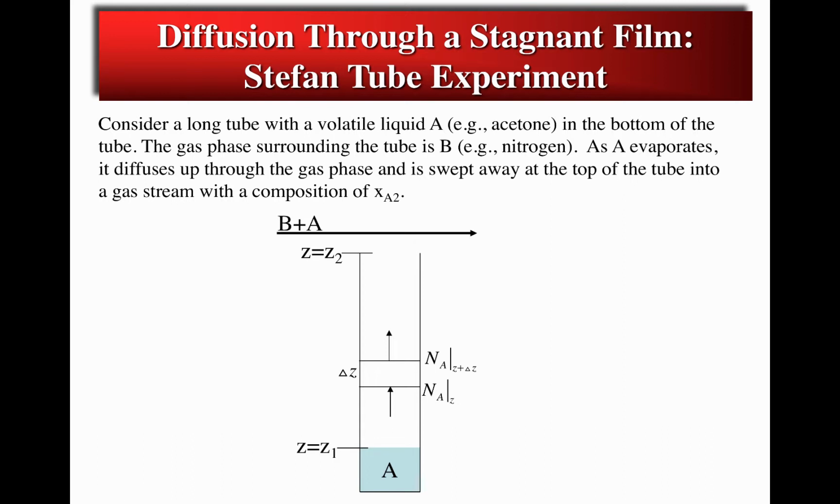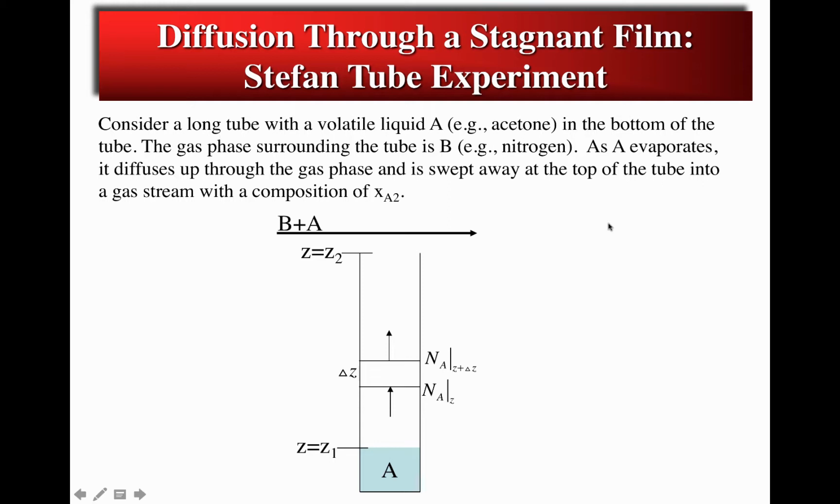You can imagine, for example, a graduated cylinder and putting a small amount of a liquid in the bottom of that tube, and then you pass a gas stream across the top of the tube, and as component A evaporates from the liquid phase, it diffuses through the gas phase up through the tube and then is swept away by the gas that's flowing over the top of the tube.